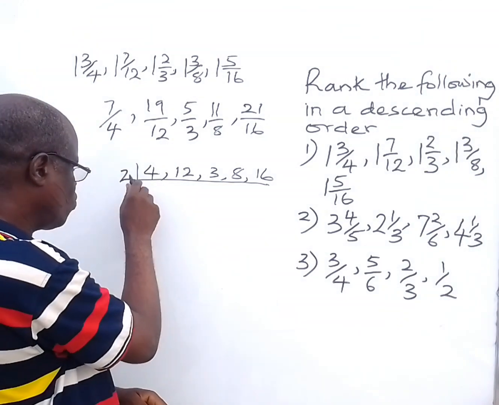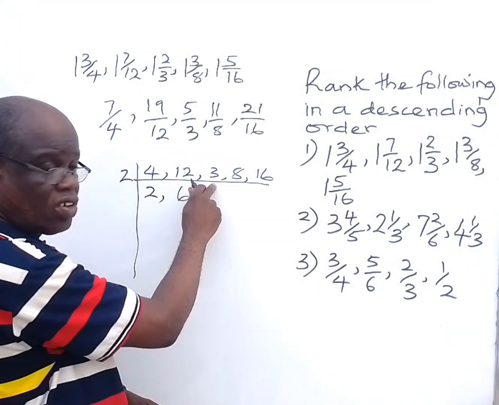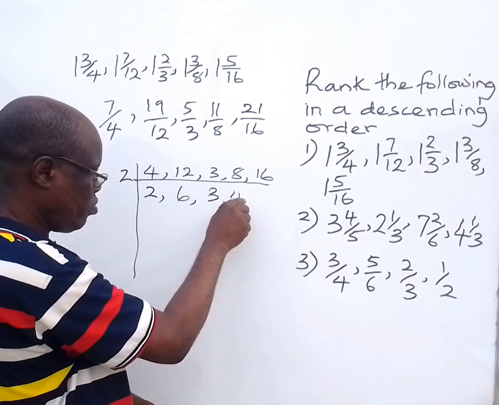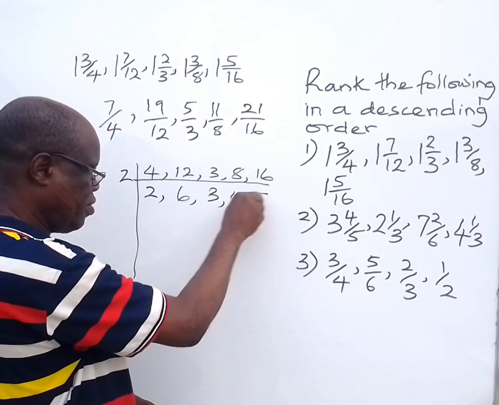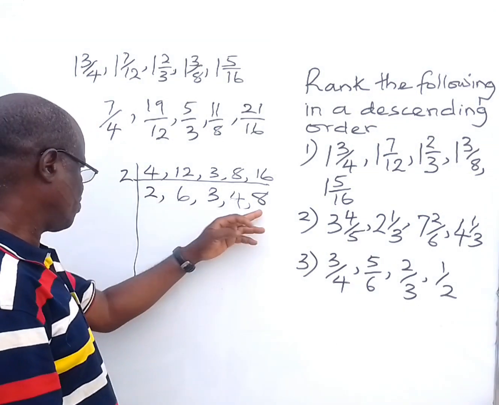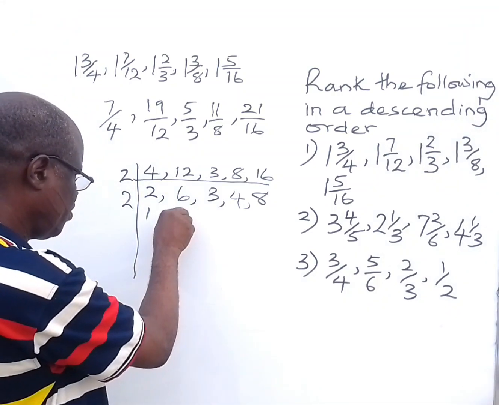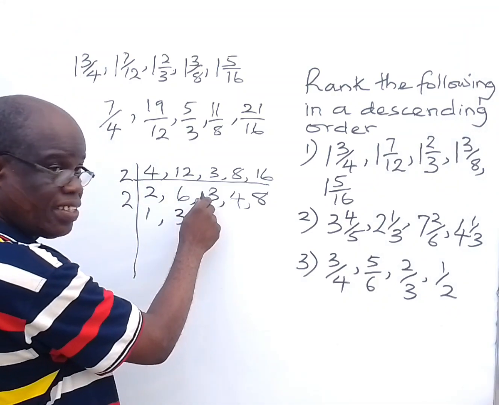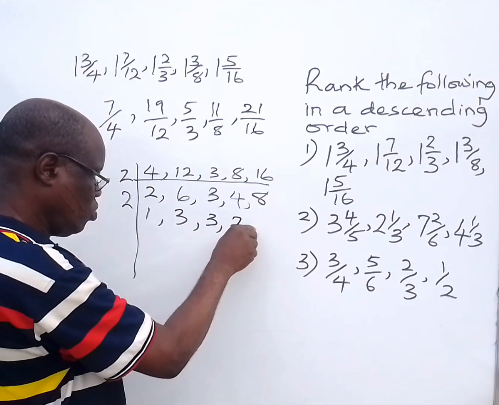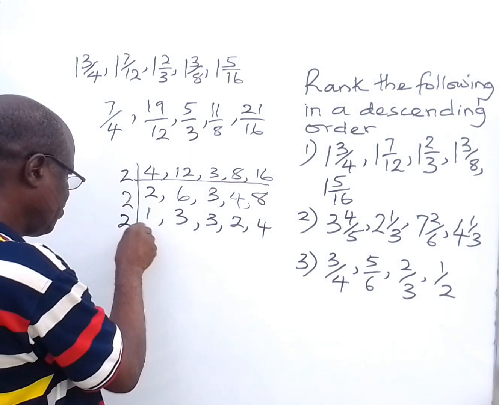So how many times does 2 go in 4? 2. In 12, 6. In 8, 4. Then in 16, you have 8. Now 2 can still go exactly in these ones. Then in 6, you have 3. Then write this one down because it cannot go exactly. 2 in 4, 2. In 8, 4. 2 can still go here exactly without remainder.